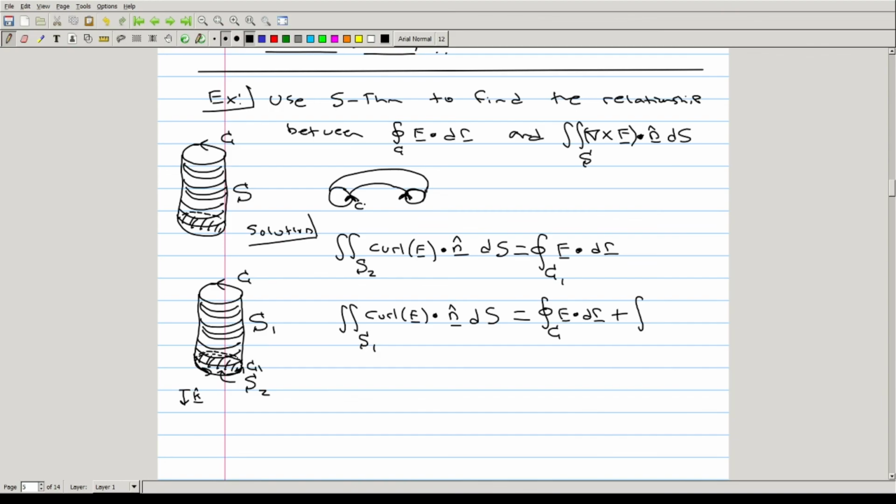This is the bounding curve C, and this is the bounding curve C1. If we stretch the cylinder out and just look at the orientations of these bounding curves, this means that when we're applying Stokes theorem on S1, the total circulation is going to be the circulation around C with respect to this orientation. We have to flip the orientation of C1 to correctly apply Stokes theorem here.